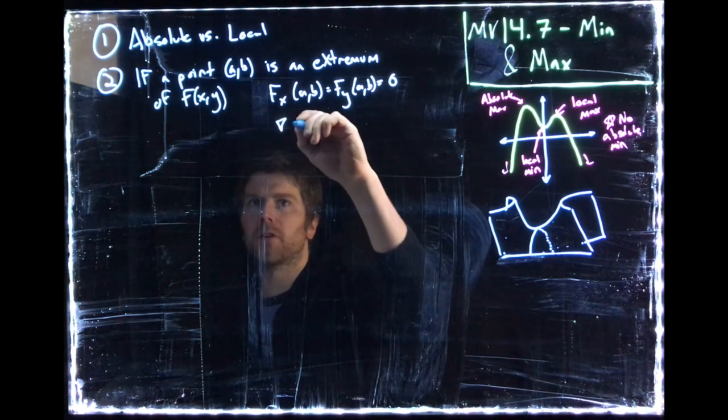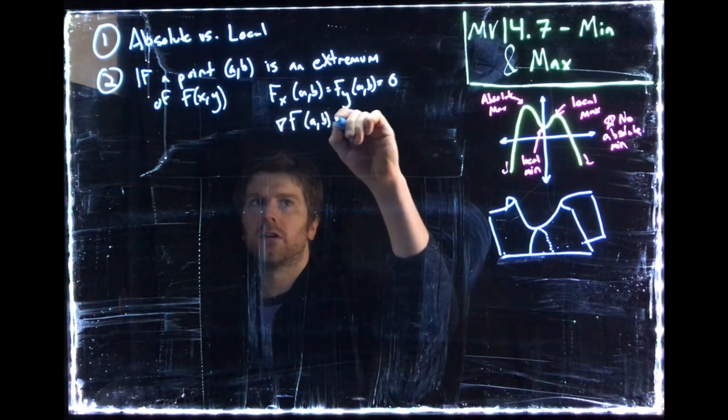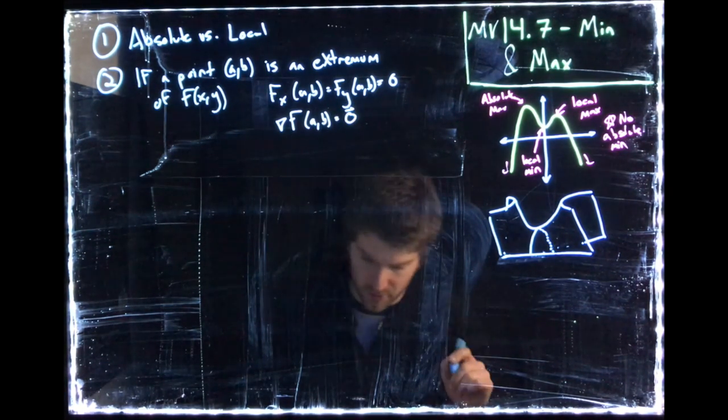That is, maybe put a little bit better, the gradient of f at (a, b) needs to be the 0 vector.